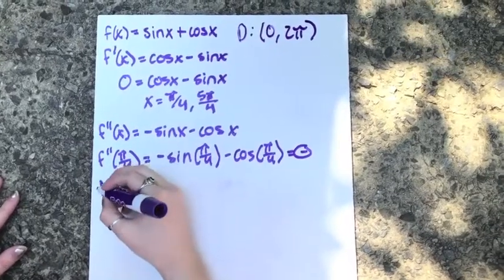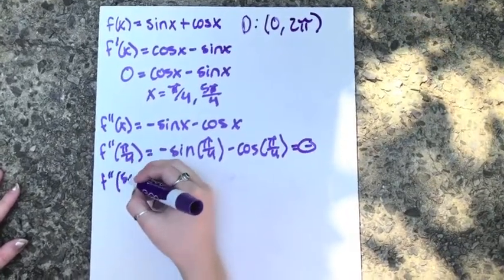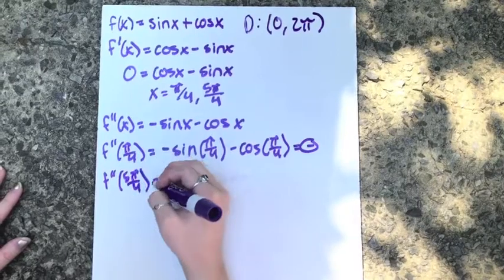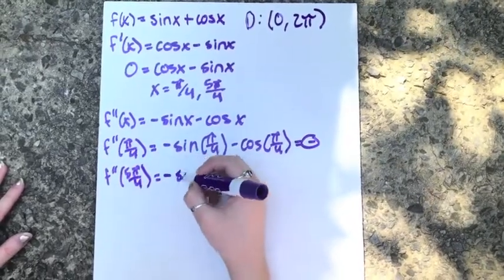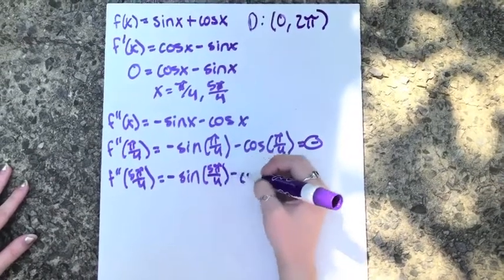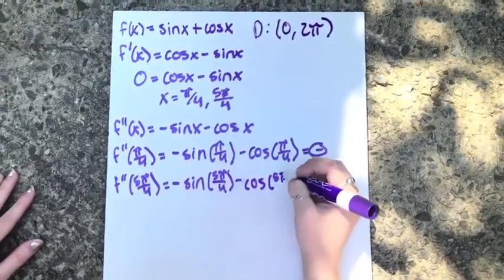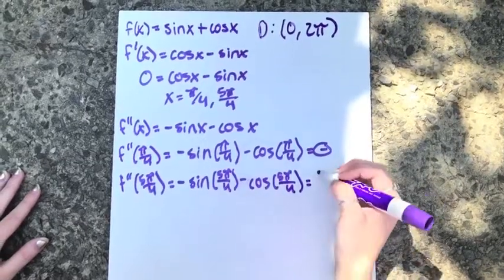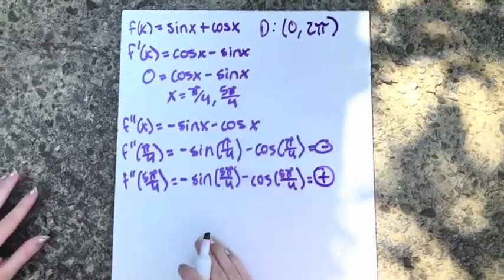Then you need to plug 5 pi over 4 into the second derivative, and it's negative sine of 5 pi over 4 minus cosine of 5 pi over 4, and this yields a positive number.